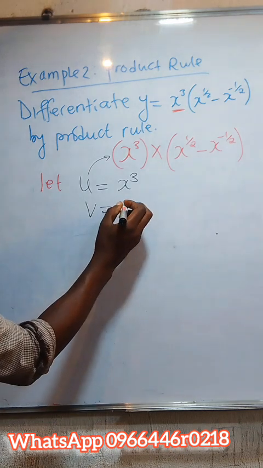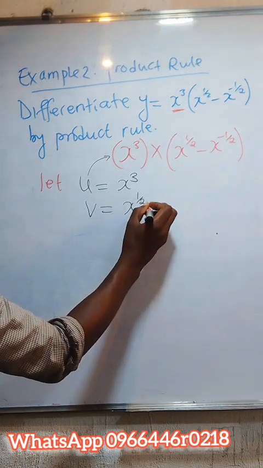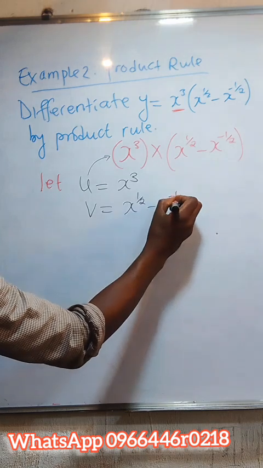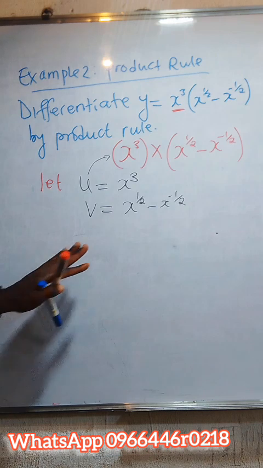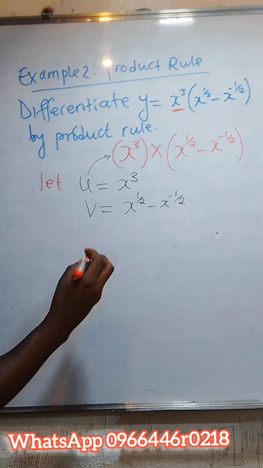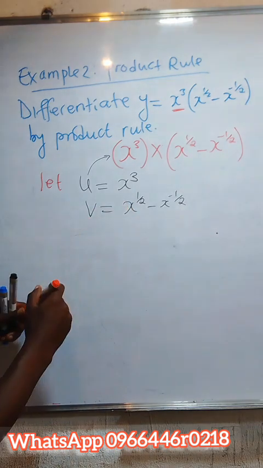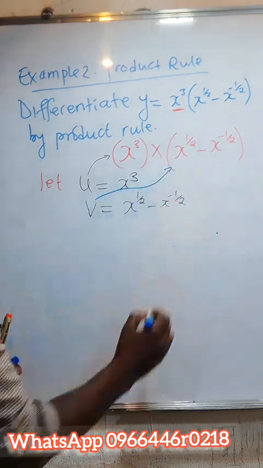So this is x to the power half minus x to the power negative half. Now, once you do that, we are going to differentiate, okay? This v is actually for this one.